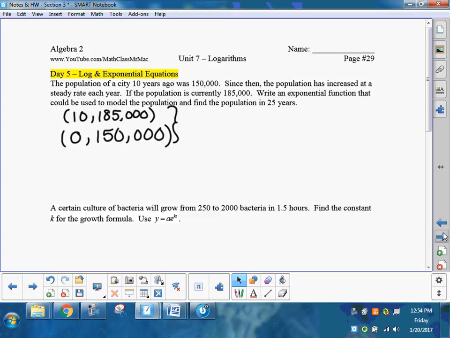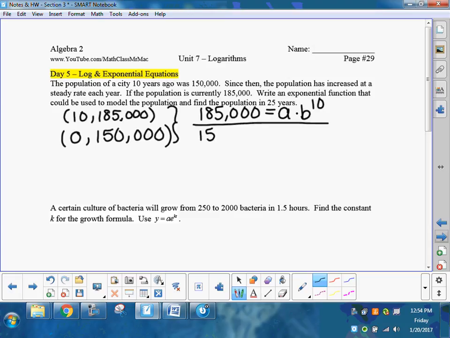If I wanted it to be long, I'd do 185,000 is equal to a times b to the 10 power, and then 150,000 is equal to a times b to the 0, and solve that out longhand. But you've got the calculator. Just go and take the regression, and let's round it to 4 places.